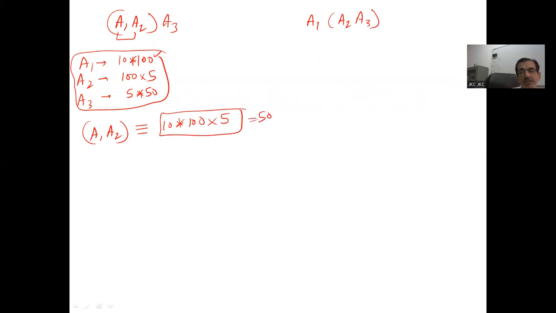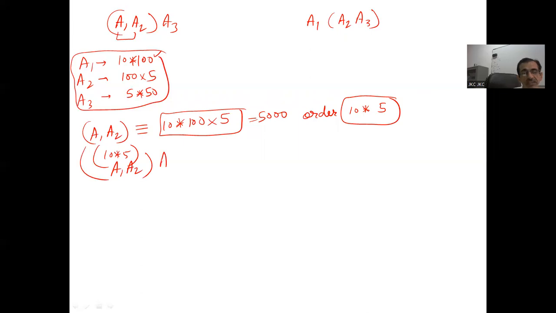That becomes 5,000. Then the order of this A1, A2 matrix will become 10 into 5 now. This will be further multiplied with A3 now.